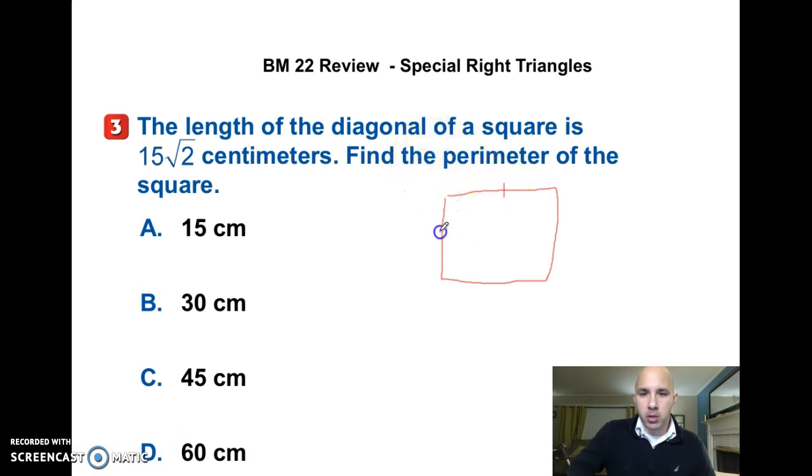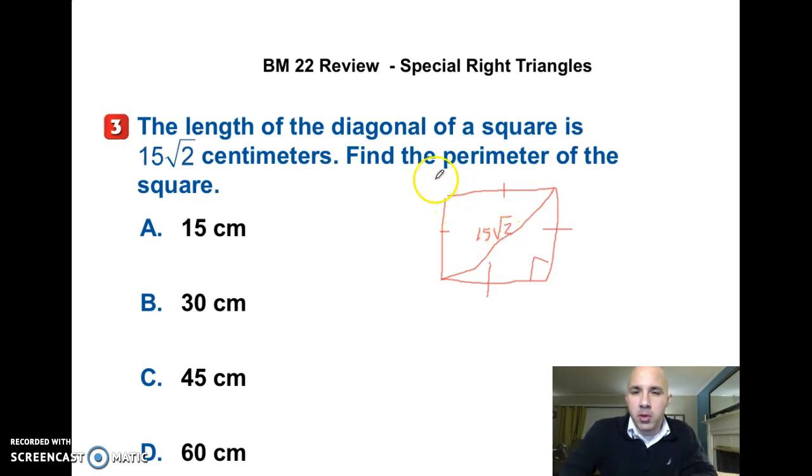I know that for a square each of my sides are going to be congruent. I also know that I have 90-degree angles on each of these corners. The diagonal, from one corner to the next corner, is going to be 15 square root of 2.